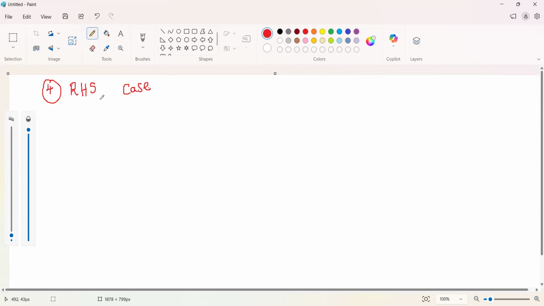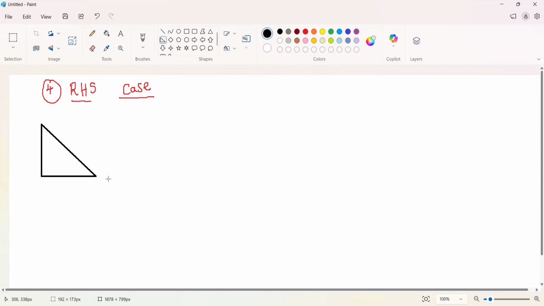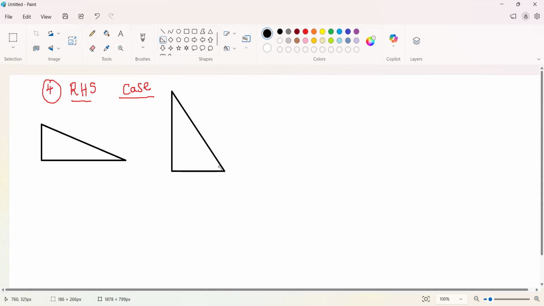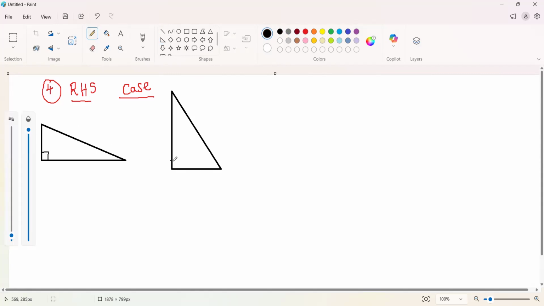If I consider two triangles like here, one triangle, another triangle. Okay, it should have a hypotenuse, so it has 90 degrees.